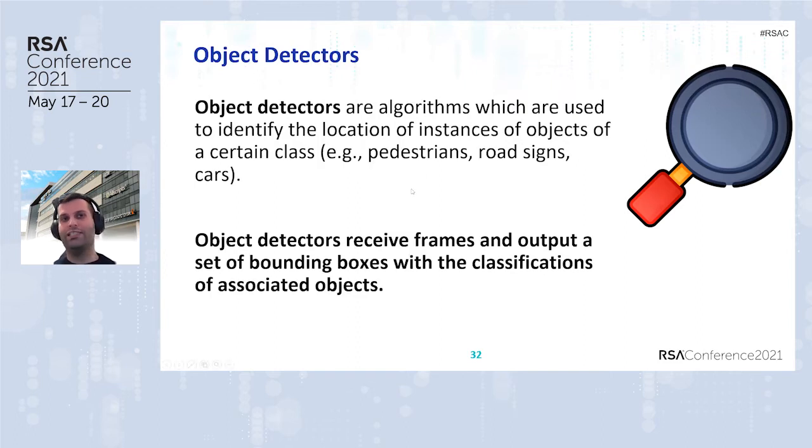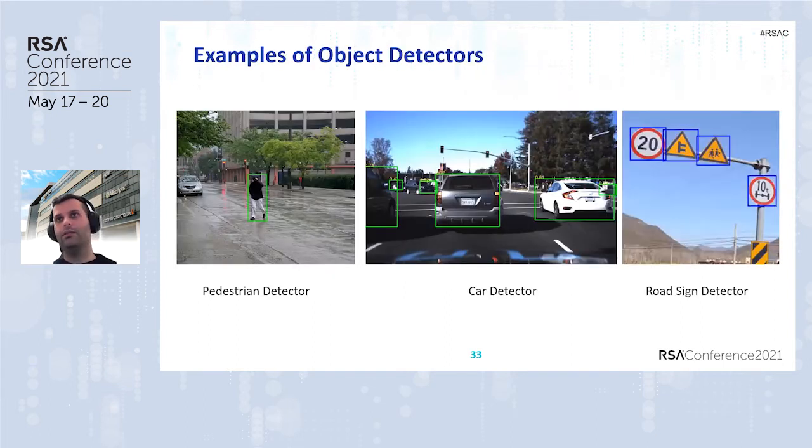Object detectors receive frames as input and output a set of bounding boxes with classifications of the associated objects. In this slide, you can see on the left side a pedestrian object detector, in the middle a car detector, and on the right side a road sign detector.